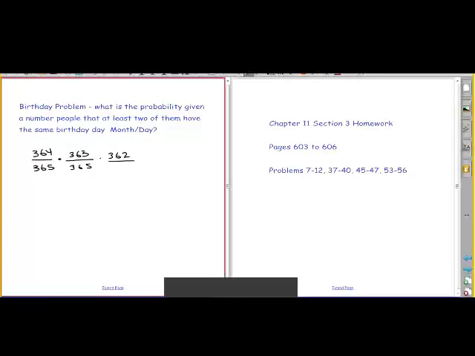So I have a spreadsheet that shows how this works. Let me open this up and see if I can find it. I guess that wasn't it. Maybe it's in chapter 11. Oh, there it is, birthday problem. That doesn't look like the birthday problem.